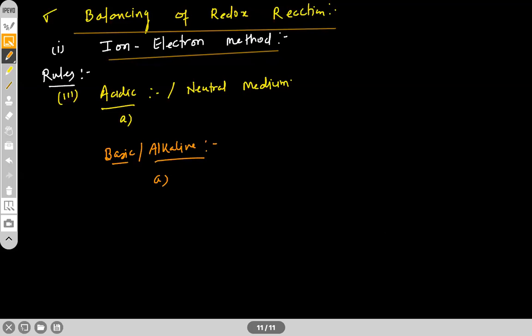Next, we have basic medium or alkaline medium. The first point of basic medium is: excess oxygen atom is balanced by adding H2O molecule on the same side and 2 OH minus ion on the other side.